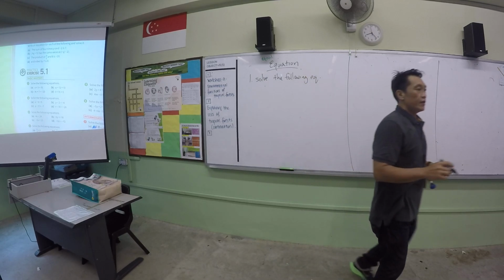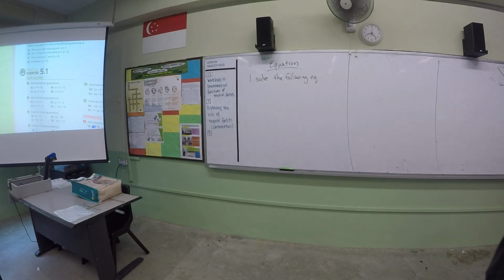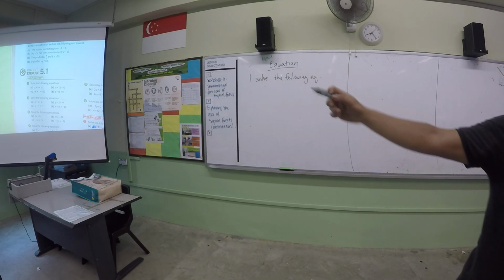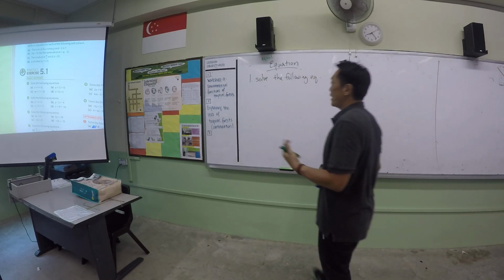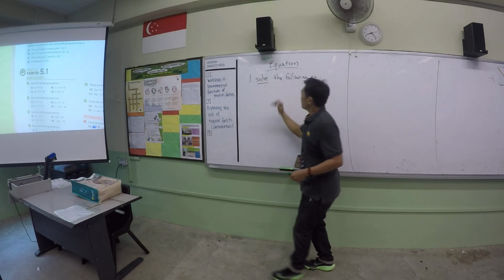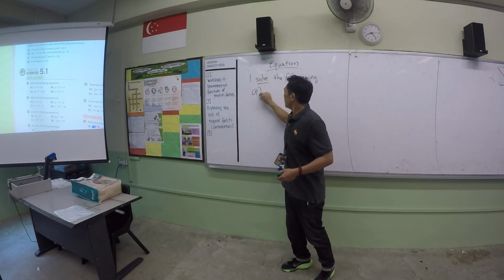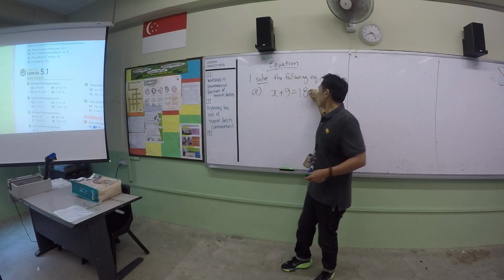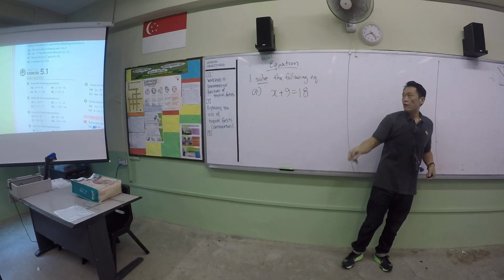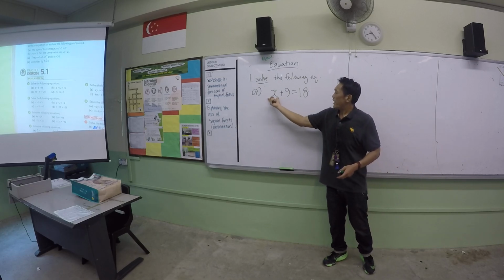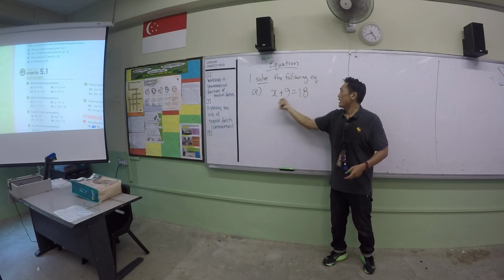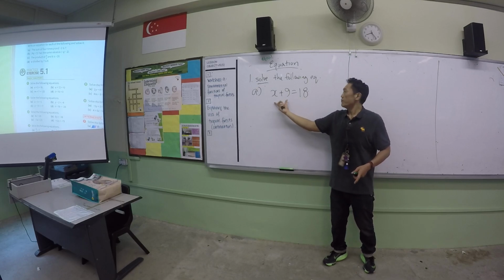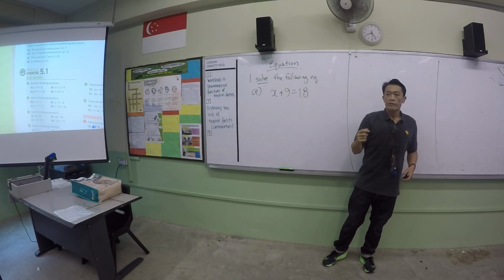Okay. So when we read the question, first we must know what the question is asking us to do. The question says solve the following equations. So what does it mean? Solve the following equation means for part A, we want to find out what must be this value of x that will balance this equation, that will make left and right the same.